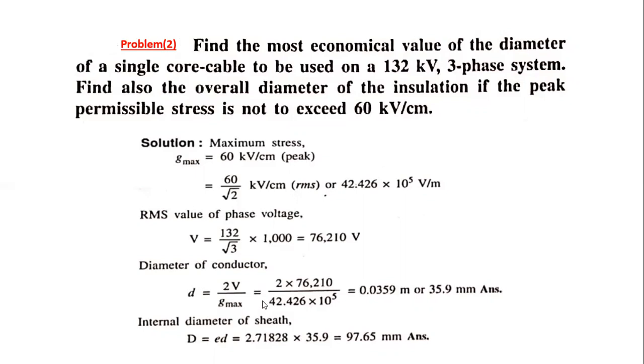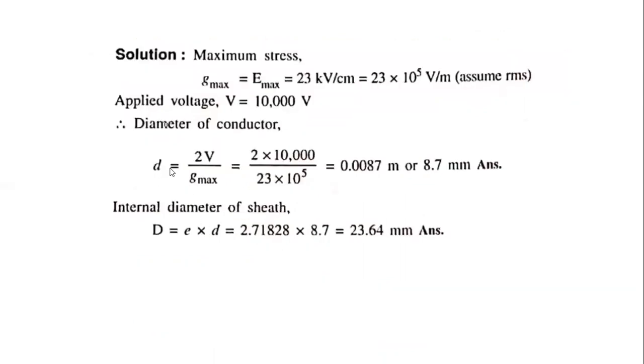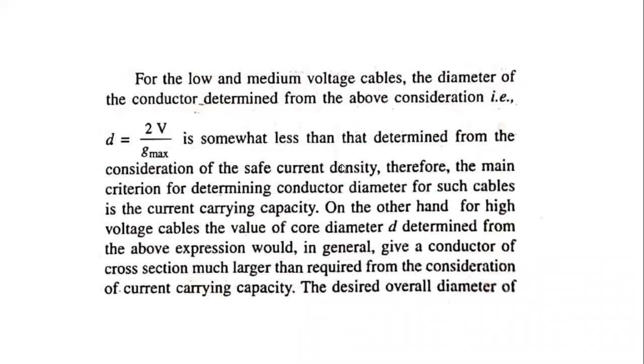Therefore small d is equal to 2V by G max, where G max is the maximum stress, equal to 23 into 10 power 5 volt per meter.